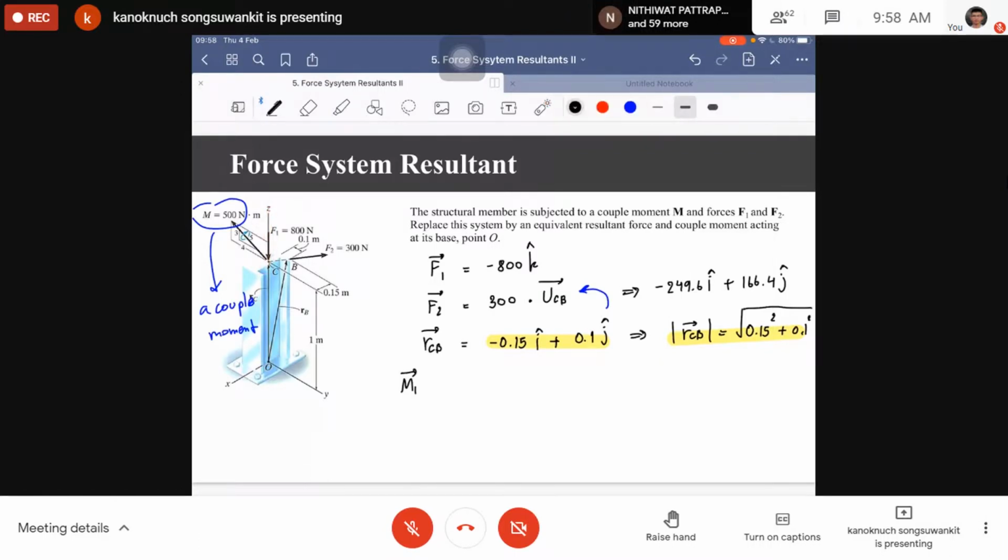Therefore, it doesn't have any couple moment produced, equal to 0, because the line of action of this force intersects with the rotation point. So we can say that at point O the radius is 0, so M1 is 0. Yes, we can say that too. Okay, thank you.